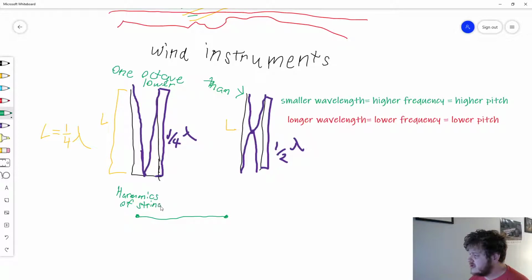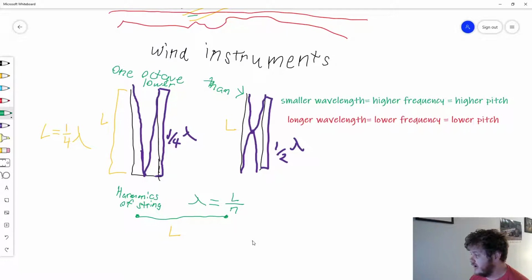If we assume the string is length L, depending on how fast waves can travel in it, you can produce lambda can equal, which is L over N. Which is the length of the string divided by the harmonic order.